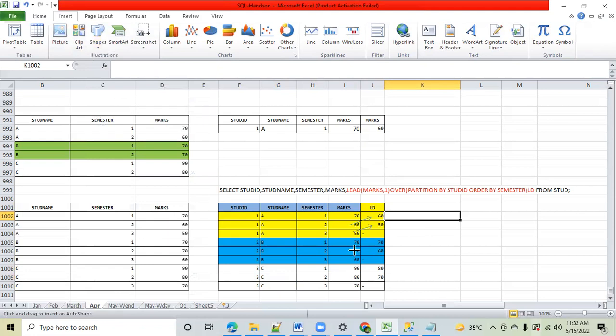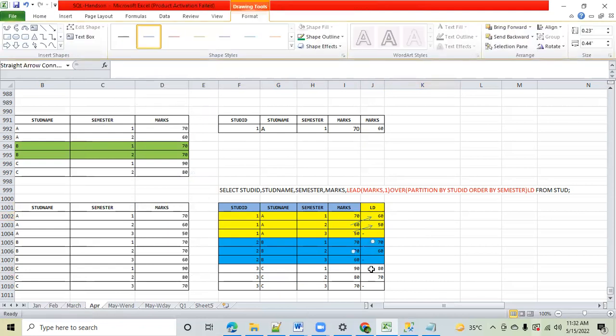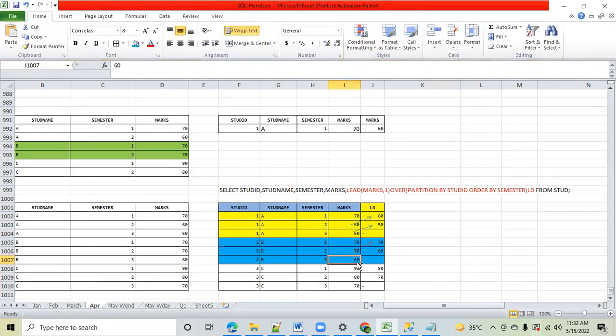Now this has shifted from here to here, and then this has again shifted from here to here. Hope this is clear. And the same thing has happened in the last partition.